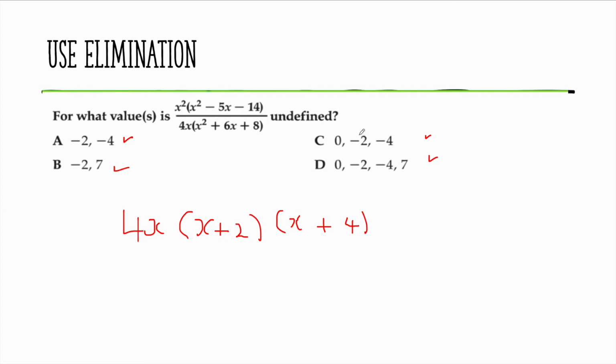But if we put 0 at 4, immediately it will multiply everything by 0. And if it multiplies everything by 0, then our expression will be undefined. So in this case, our factors are 0, minus 2, and minus 4. So our answer is C.